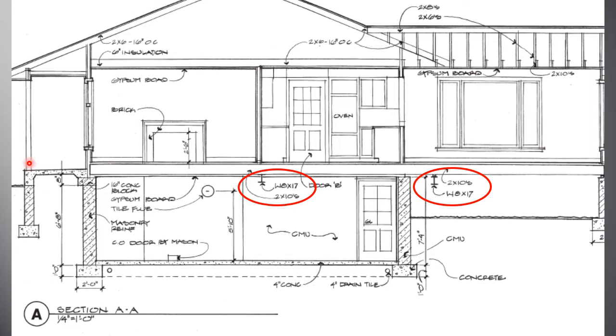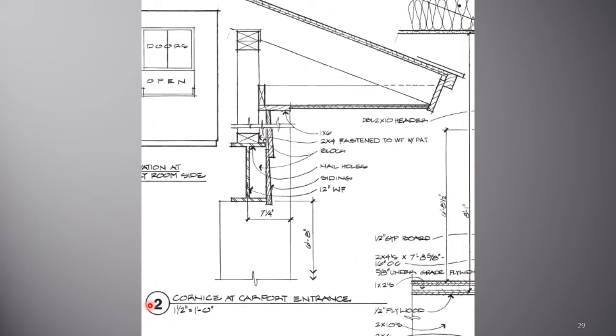We're now seeing it as a section through the house looking towards the bedrooms. In detail 2, we see the 12-inch wide flange beam that is being used at the carport entrance. And together with the information on Brick Veneer Sheet 1, we know that this will be a 12-inch wide flange beam, or W shape, that's 27 pounds per foot.